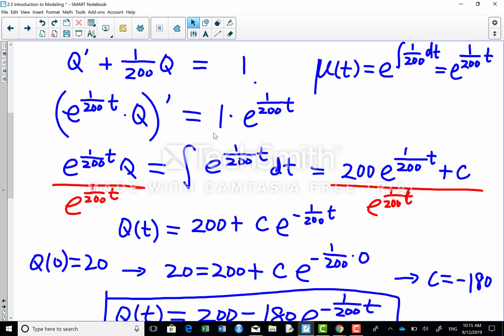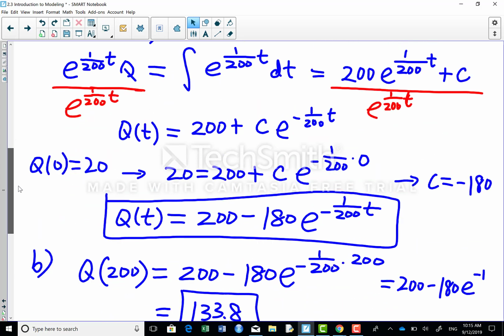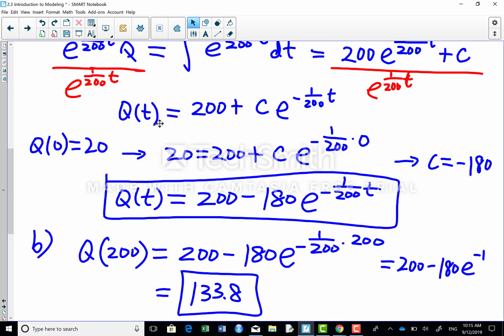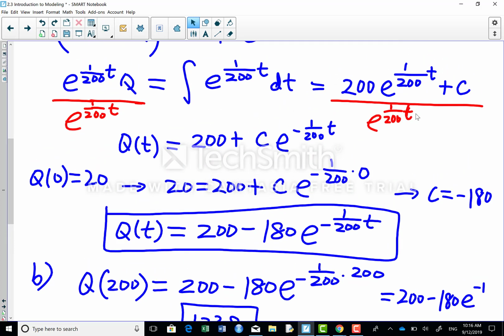And then you can divide by e to the power 1 over 200 t to leave Q by itself, and Q of t is equal to 200 plus c e to the power negative 1 over 200 t. Notice here it is negative because c over e to the power positive 1 over 200 t, you change that to a negative exponent by flipping that exponential term from the denominator to the numerator.